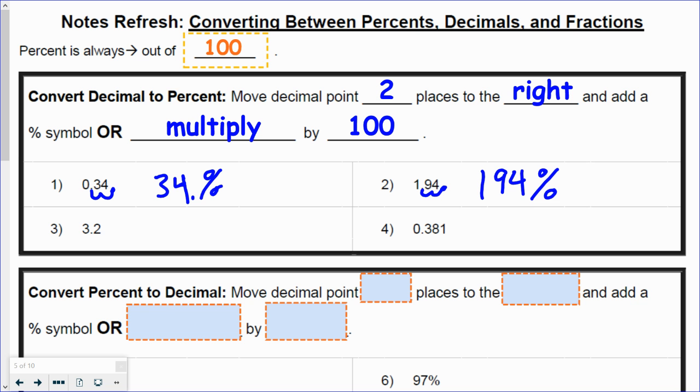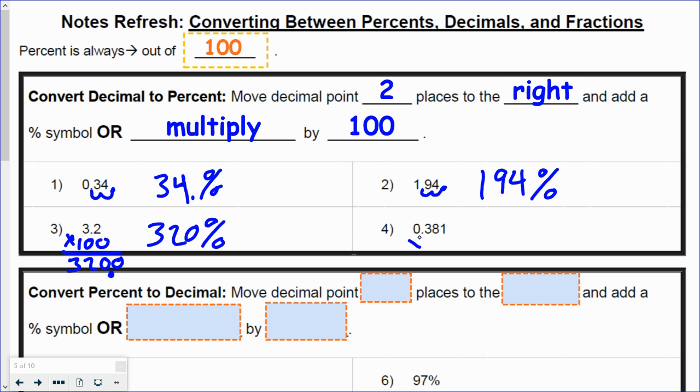All right, so then if I was to take my number here and multiply it by 100, okay, we know I'd have 2 zeros and then multiply, and I would only need 1 hop to put my decimal right there, so it is 320%.